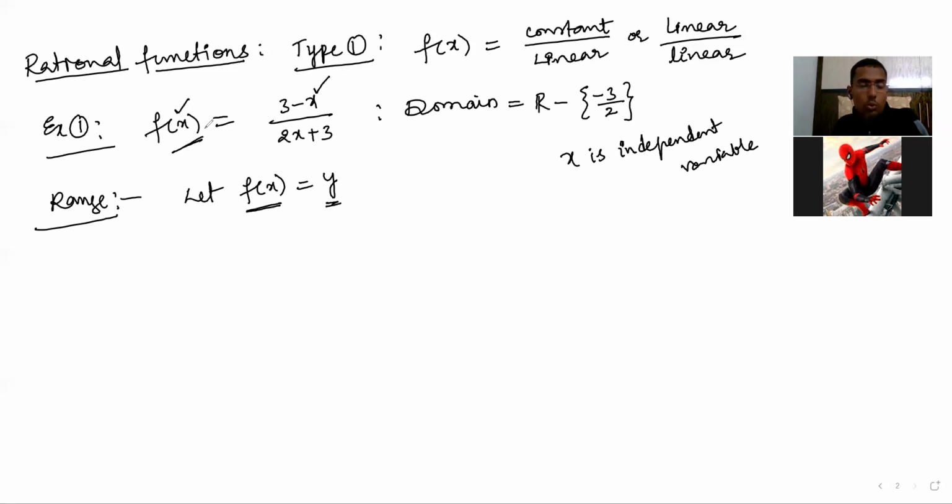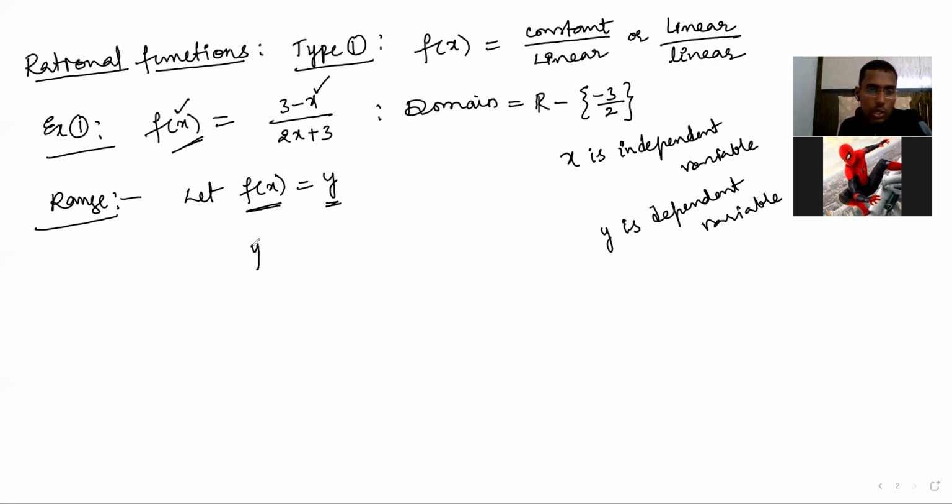If you give the value for x, then you will get the value for y. Y is the dependent variable because y depends on the x value. As you give the x value, we get the value of y. So instead of writing f of x, you can always write y.